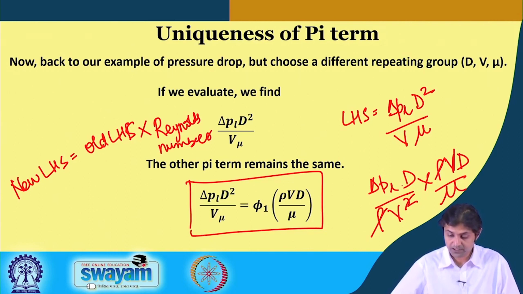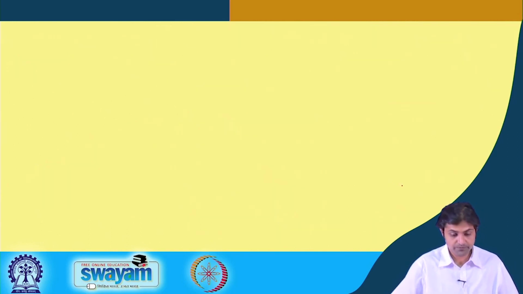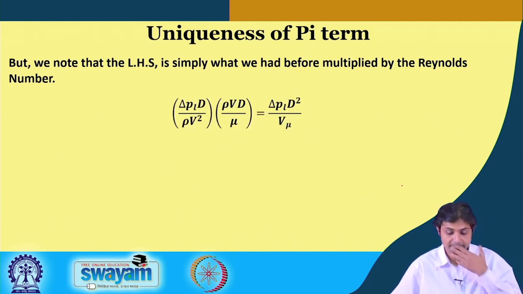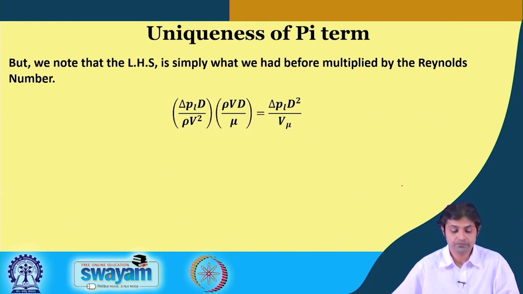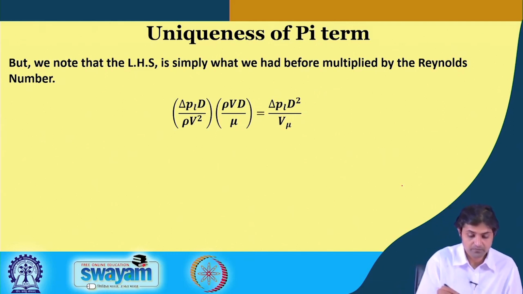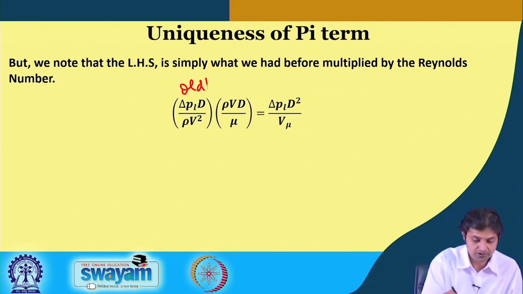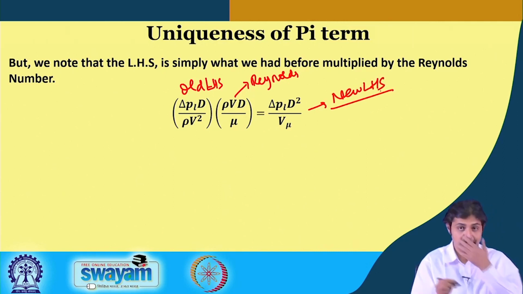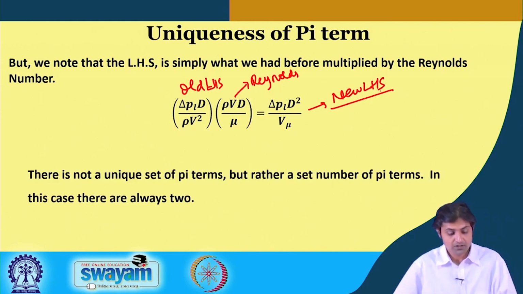So, it will become delta P L d square by V mu. We have actually seen that the LHS is simply what we had before multiplied by the Reynolds number. You see here, this is the old LHS, this is the Reynolds number and this is the new LHS, a left hand side of the same equation.